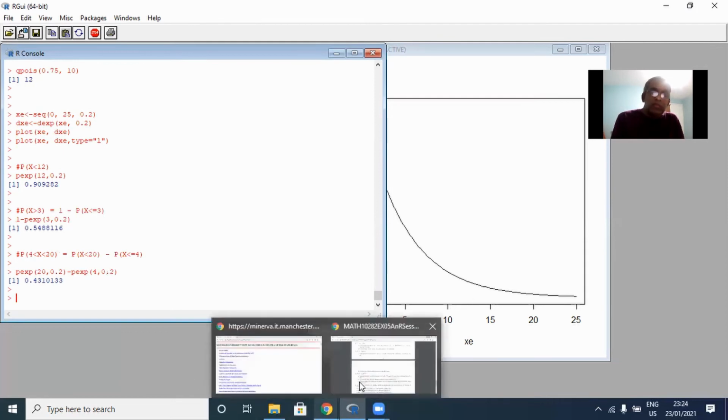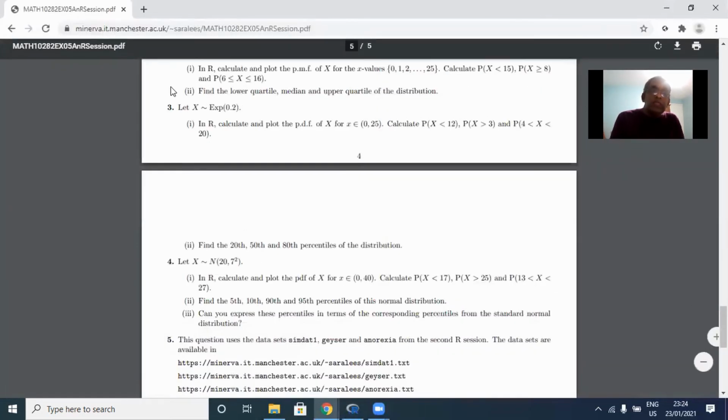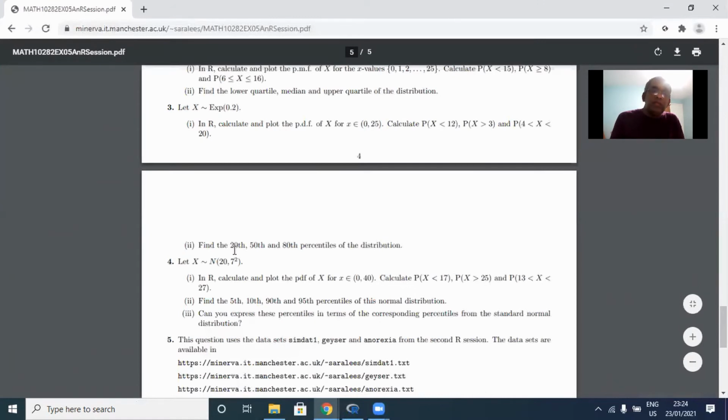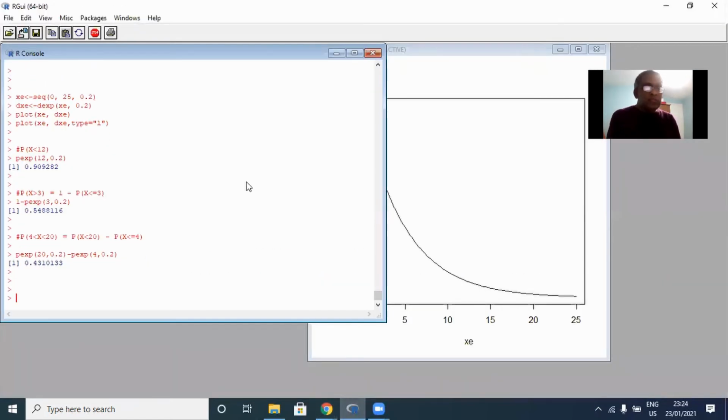Now let's go back to the question. That's part 1. In part 2, we want to find the 20th, 50th, and 80th percentiles of the exponential distribution. For that you use the qexp command. To find the 20th percentile, you put probability equal to 0.2, and the rate parameter is also 0.2.